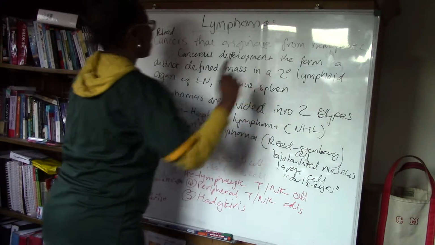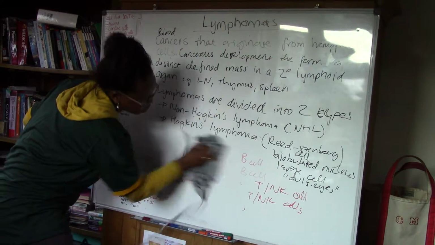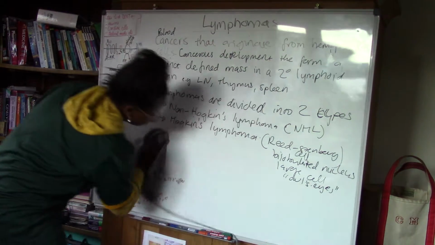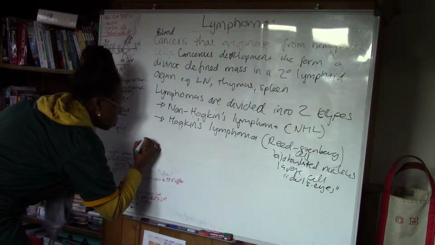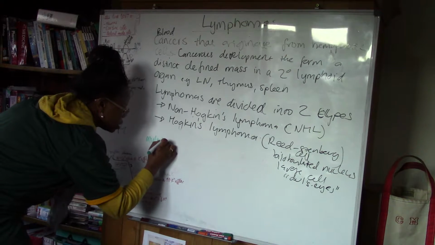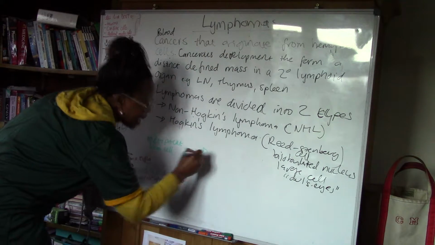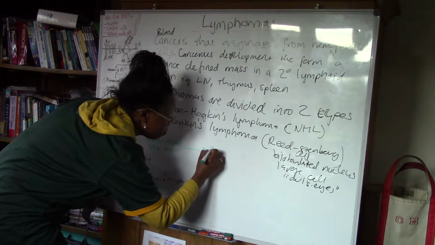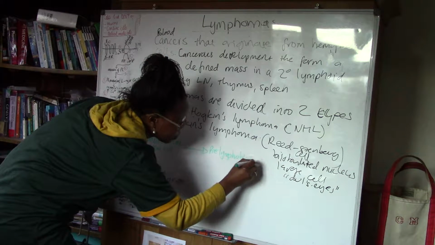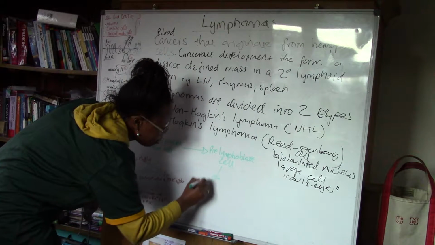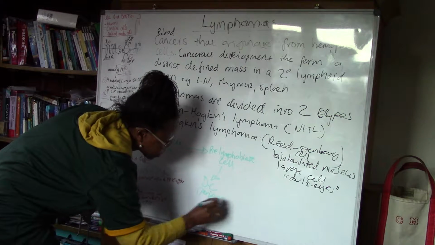If we remember, we start off with a multipotent stem cell that then becomes a pre-lymphoblastic cell, and from these we'll then have dendritic cells, which are peripheral, and they're small.